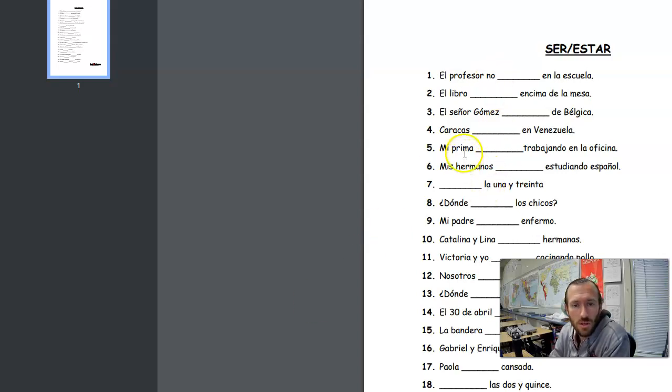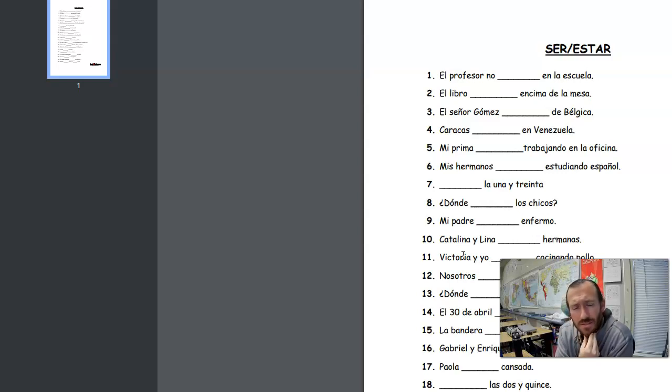Now numbers 5, 6, and 11 you're not going to be familiar with, and that's because they refer to grammar concepts that we've not talked about yet. So I'm going to give you the answers for 5, 6, and 11 now. Number 5 is está, E-S-T-A, está.